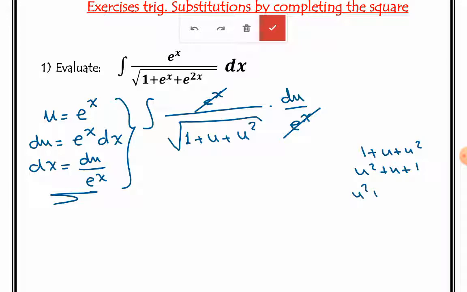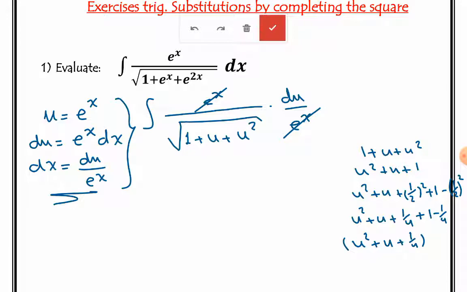I'm going to add b over 2 all squared, 1 over 2 all squared, and then plus 1, and then subtract 1 over 2 all squared, which is u squared plus u plus 1 over 4 plus 1 minus 1 over 4. Since you add something, you should subtract it again to keep the same meaning. So u squared plus u plus 1 over 4, I will put it inside one parenthesis, and 1 minus 1 over 4.